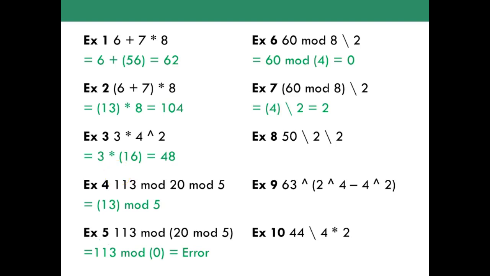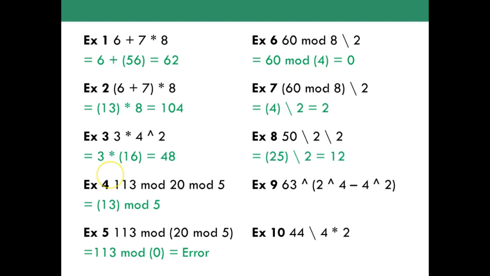There are 7 groups of 8 in 60. 7 times 8 is 56, which leaves us with 4 as the remainder. 4 divided by 2 is 2. So now you can see how precedence matters. Example 6 and 7 are very similar, except for the use of the bracket.